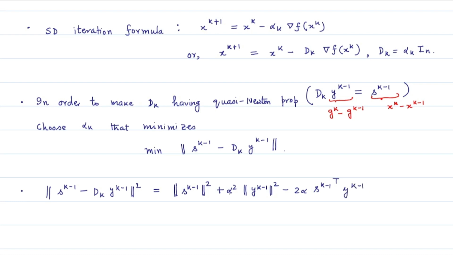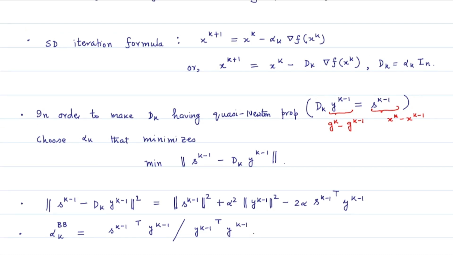Now you find the value of alpha for which this expression is minimized. You will find that the value of alpha, which we denote by alpha_k^BB for the Barzilai and Borwein method, where BB is the abbreviation of Barzilai and Borwein, is the value for which this expression is minimized. This alpha_k^BB is given by the ratio of s_{k-1} transpose y_{k-1} and y_{k-1} transpose y_{k-1}.